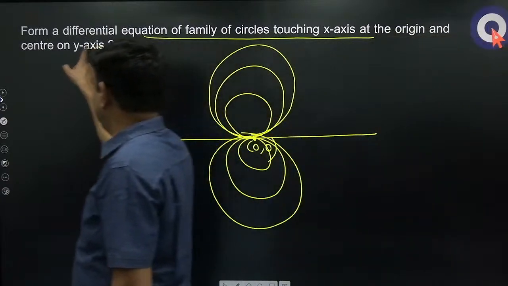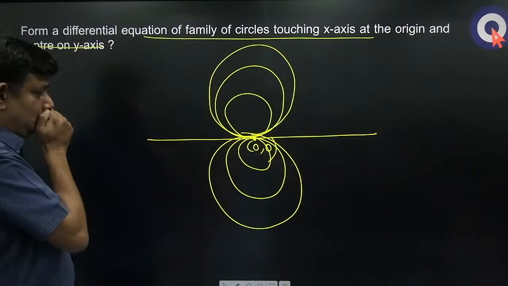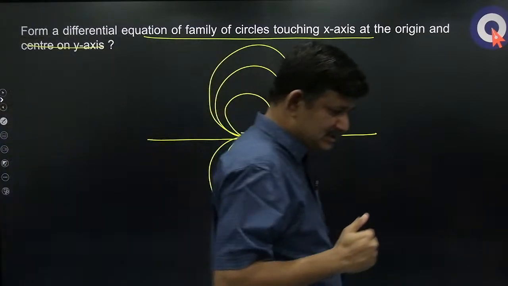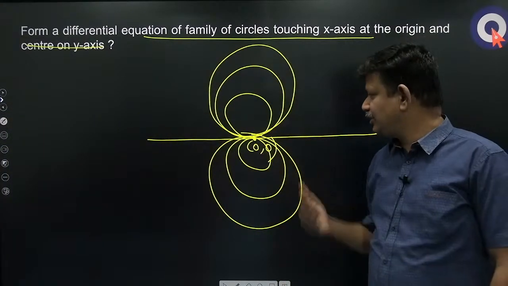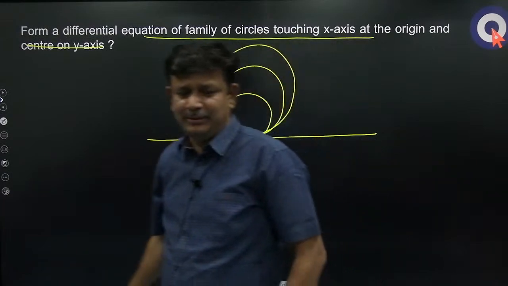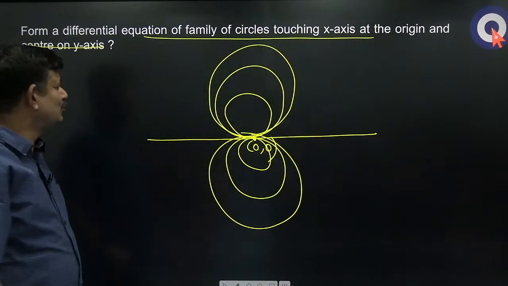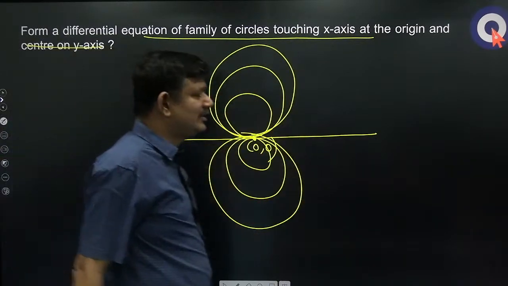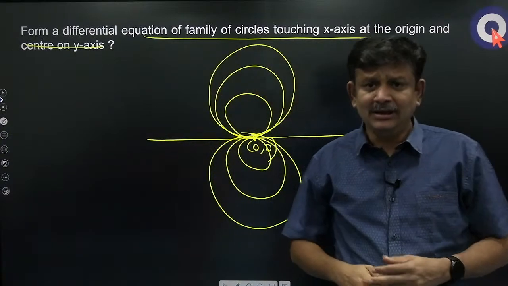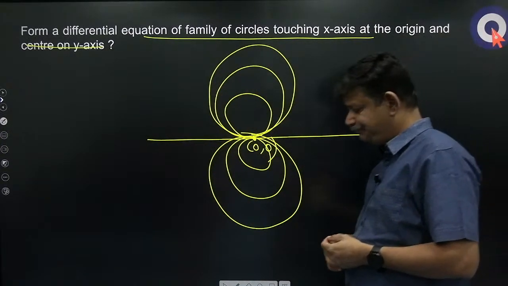There is no need to say that. Whichever circle is touching x-axis at origin, automatically center of that will be on y-axis. Okay? So the question would have been sufficient even if he said only touching x-axis at origin.